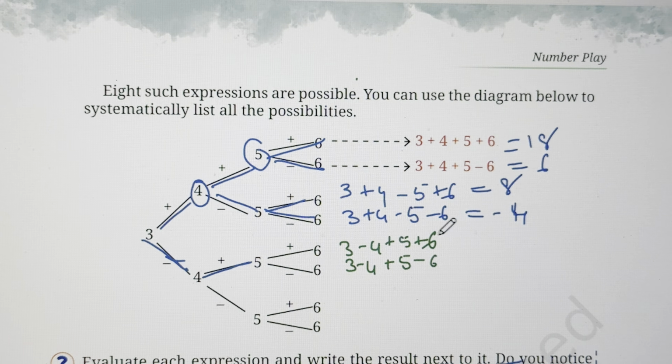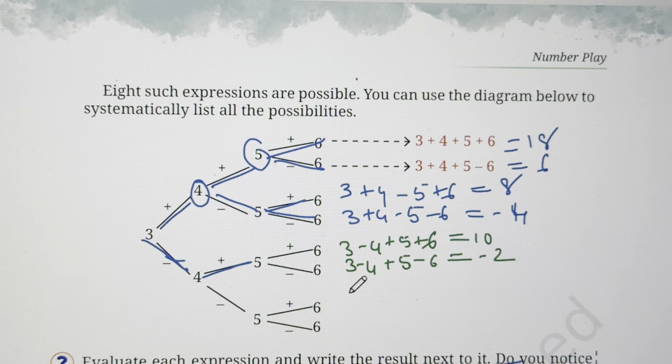Now if I add all positives together, 6 plus 5 is 11, 11 plus 3 is 14. 14 minus 4 you get 10. Then 3 minus 4 plus 5 minus 6: we can add the positives together, so 3 plus 5 is 8 and minus 4 and minus 6 is minus 10. So 8 minus 10 means minus 2.